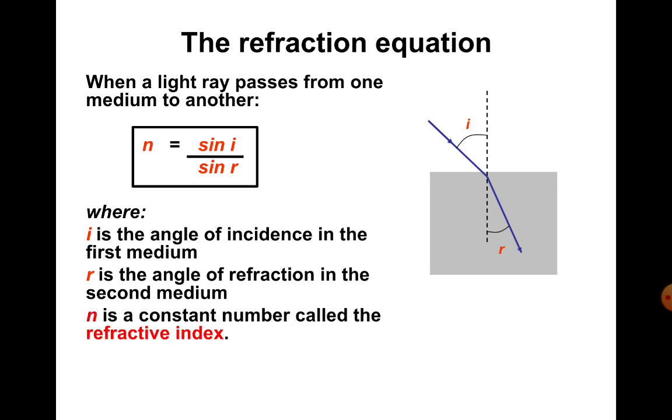And n is a constant, and n depends on the type of material. So again, n equals sine i over sine r. i is the angle of incidence, r is the angle of refraction, n is the refractive index depending on the material.